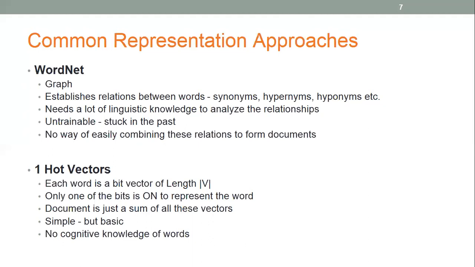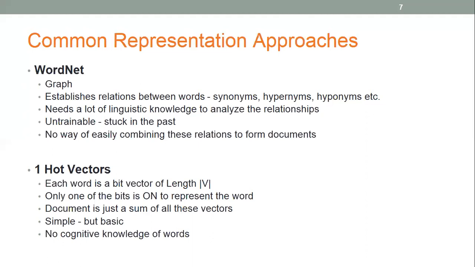But these relationships are not easily understood. Even if we have these relationships as part of the WordNet package, constructing a graph out of them and understanding a sentence using these relationships needs linguistic knowledge.